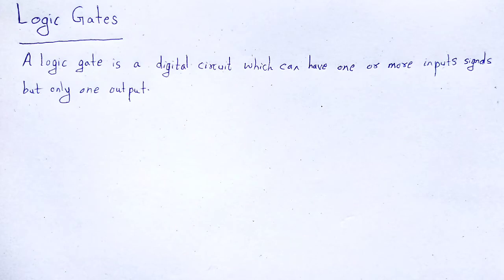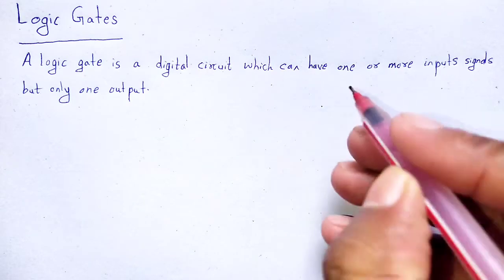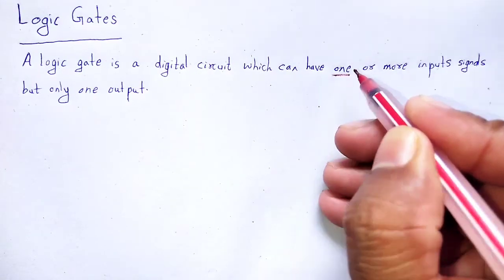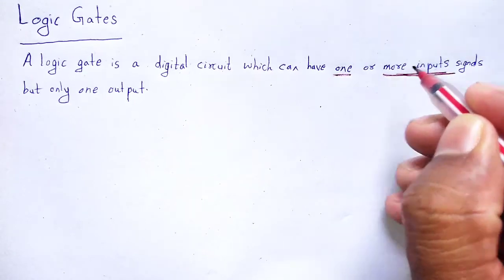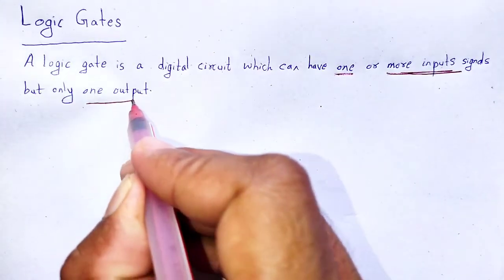The digital circuit, we say it as the logic gate. As the term gate indicates, it has one or more inputs but only one output.